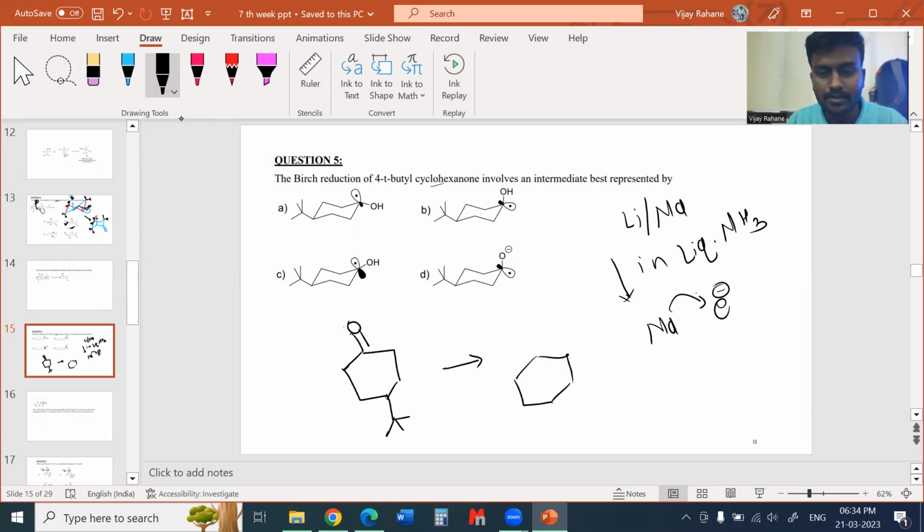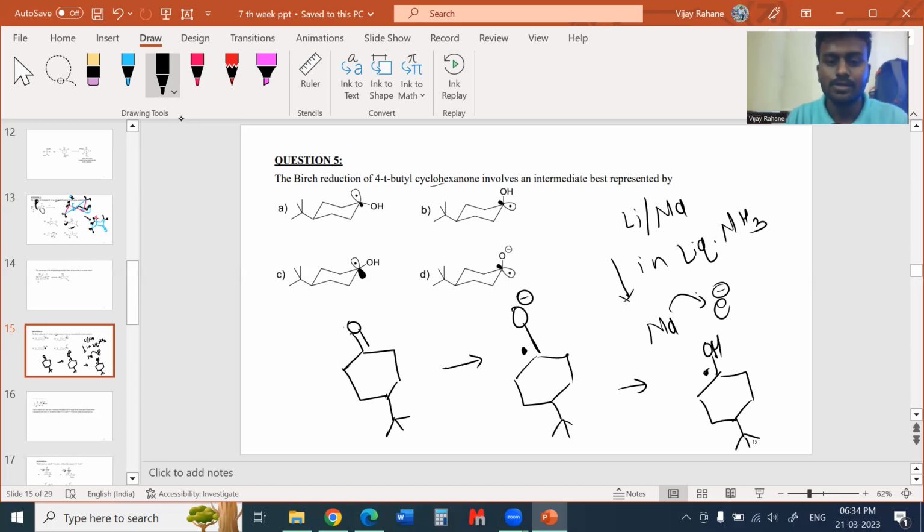This cyclohexanone is converted into O negative here and one radical here, right? So we have to show this. This O minus can then abstract a proton, giving OH here, one radical, and like this.